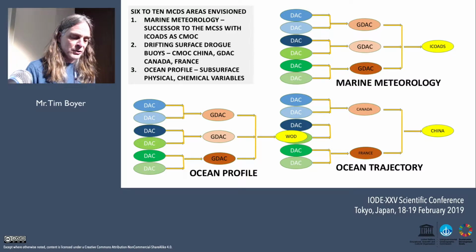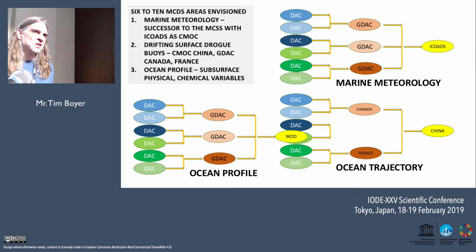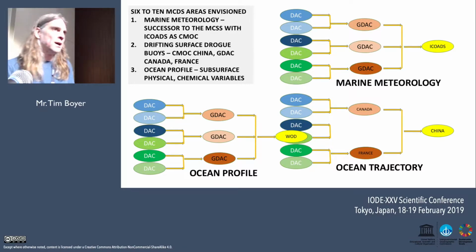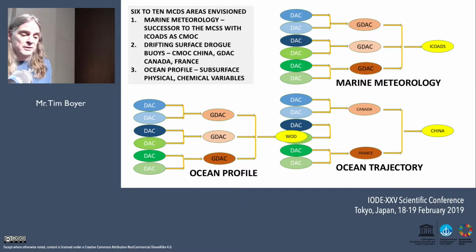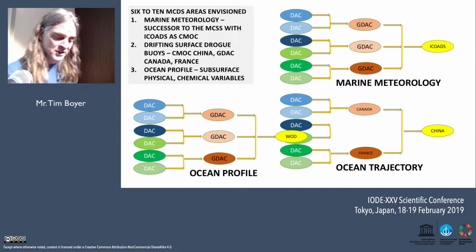And then there's also ocean trajectory. Actually the first CMOC was CMOC China, the end point for data products for drifting buoy data and other types of trajectory data. And there's already a setup where Canada and France both are GDACs for drifting buoy data that feeds into the CMOC China.